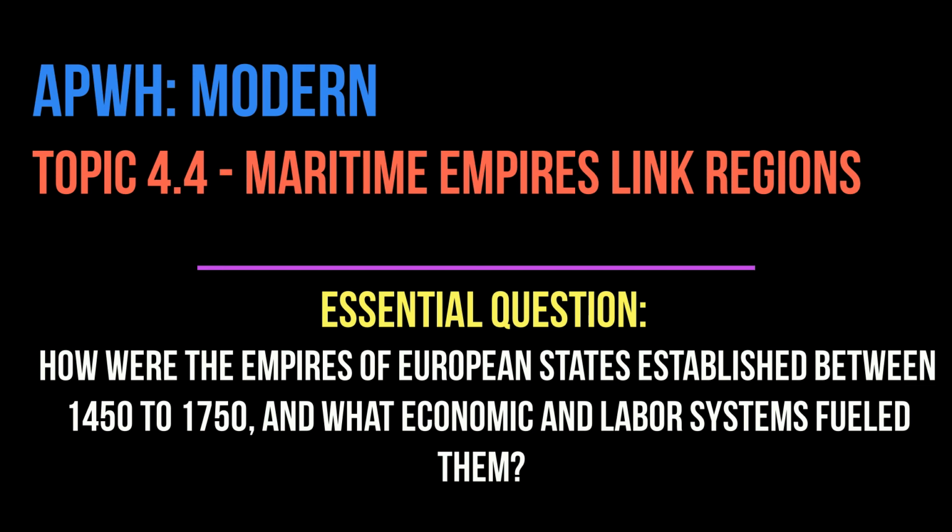Now, historically, it's important to understand, especially, this is something you could put in a DBQ, setting up your contextualization point, for example. Slavery exists in Africa well before the Europeans seek labor for their investments in the Americas. And Europeans weren't even the first foreigners to seek out African labor.